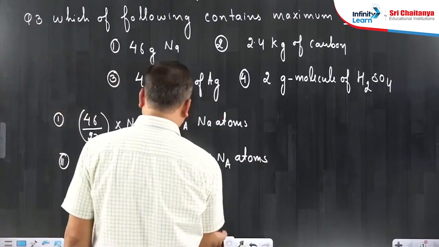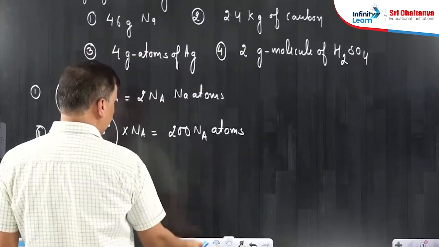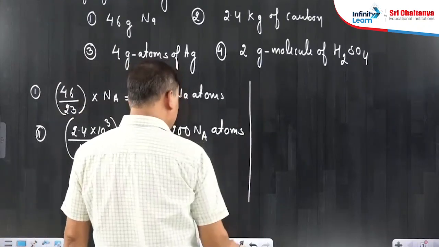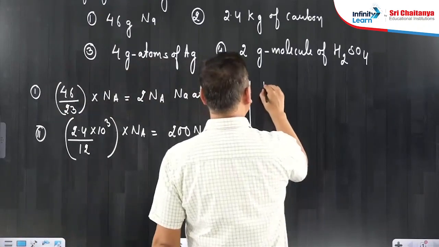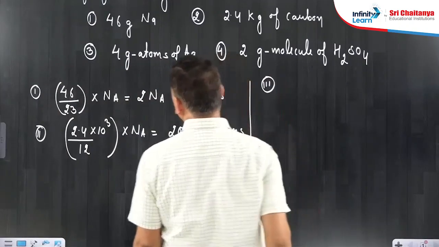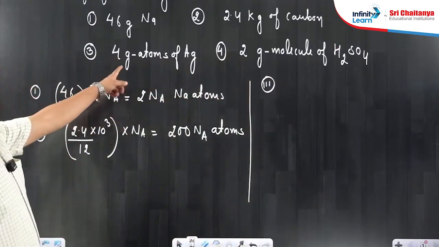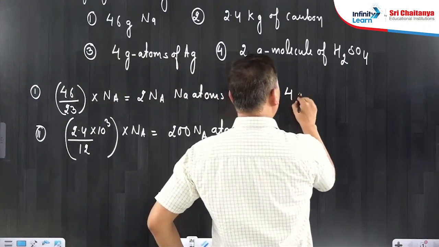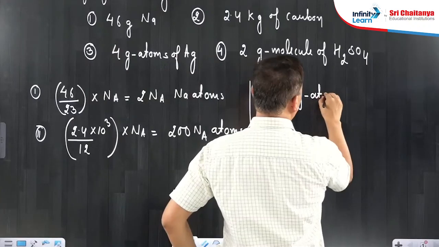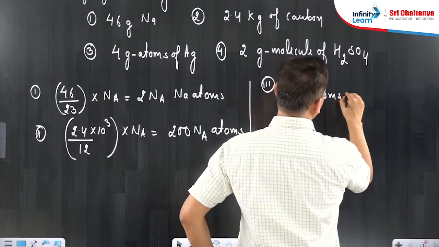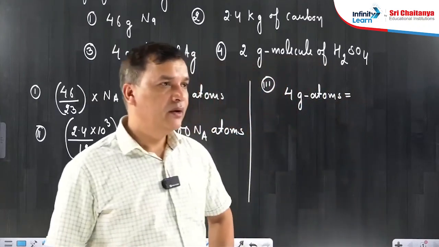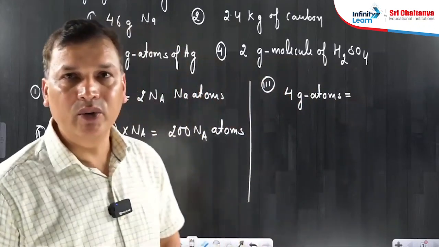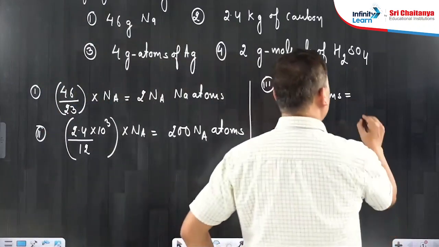Number 3. Here I am writing. Now dear student, for number 3, look here. These are the 4 gram atom. Yesterday I told you, 4 gram atom is equal to 4 mole.